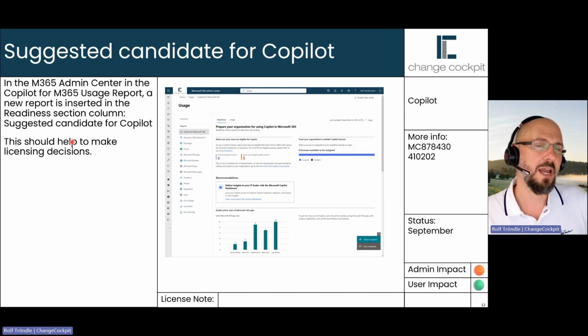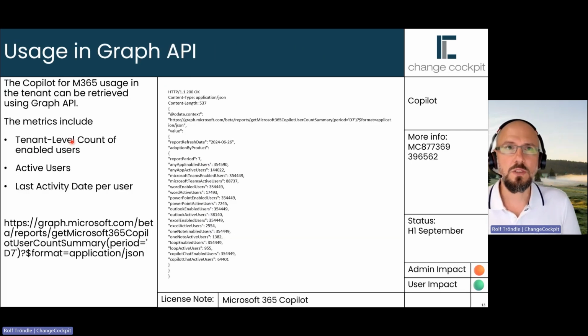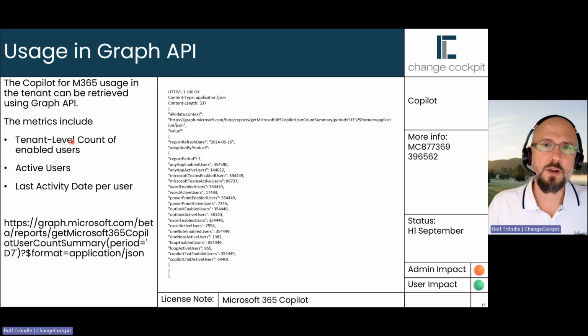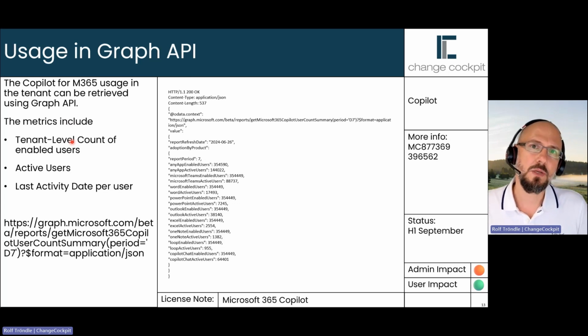So perhaps you can see there to whom you should assign a license. The usage reports in the Microsoft 365 Admin Center will now also cover Copilot, and you can now also use the Graph API to retrieve metrics like tenant level count of enabled users, active users, and last activity day per user regarding Copilot for Microsoft 365.